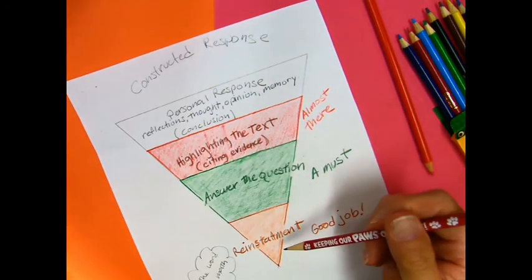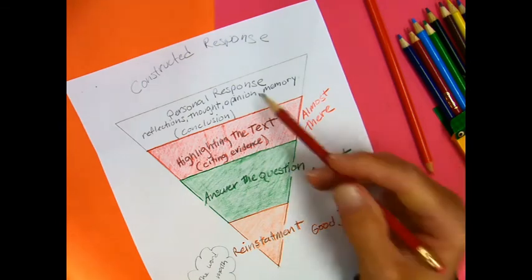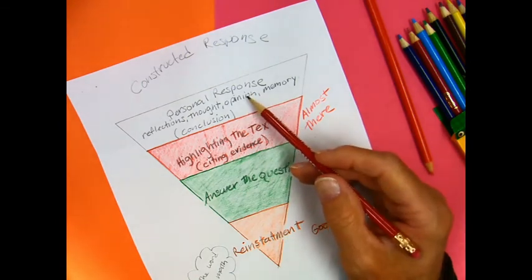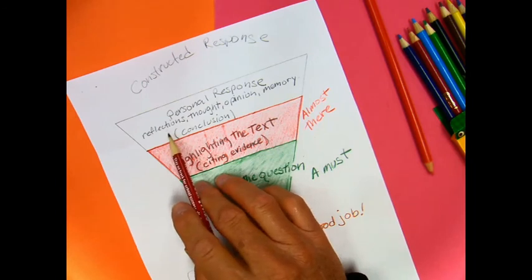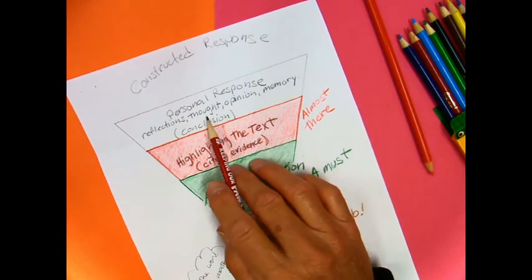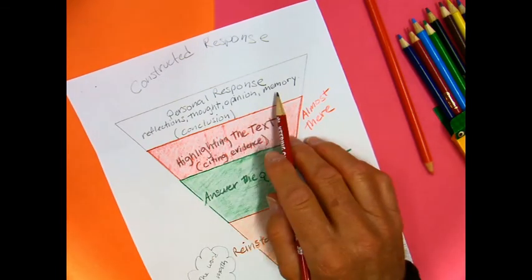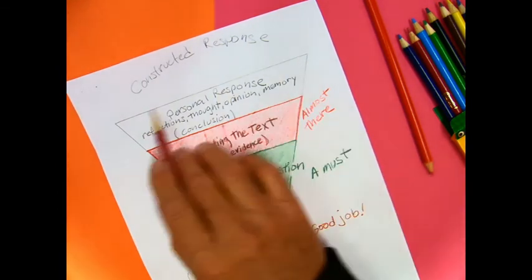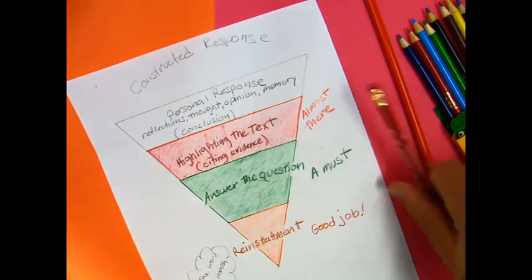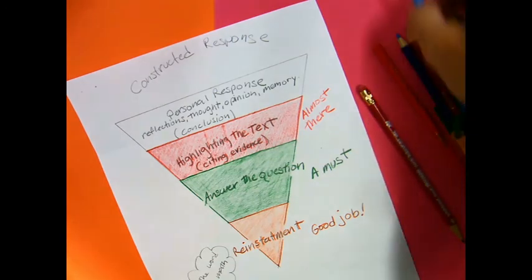So whatever you've written here, you're personally responding to that, either through a reflection, something that you can reflect on personally, a thought you may have, an opinion, or a memory. All these come from you. So this part here is very personal in our constructed response method. I'm going to color that a nice color, blue.